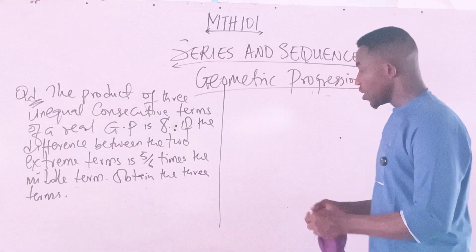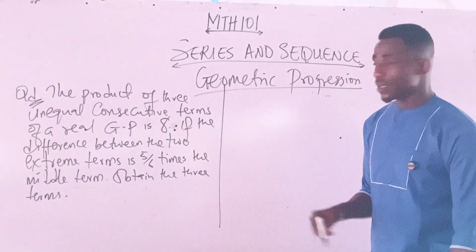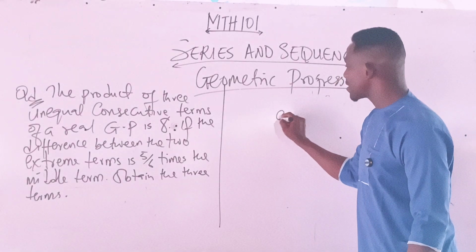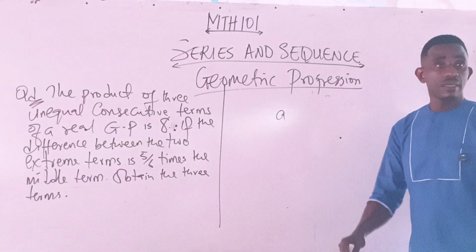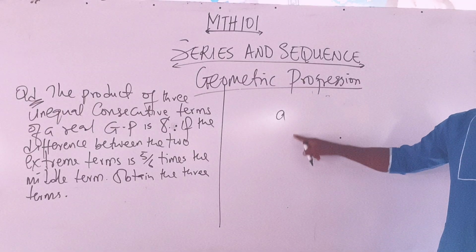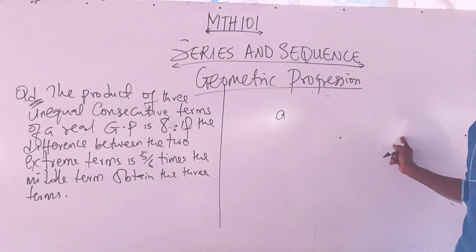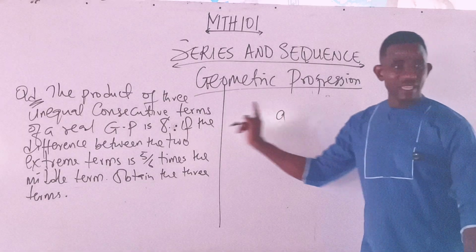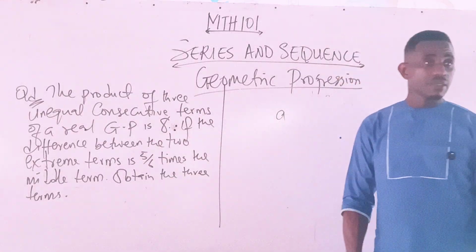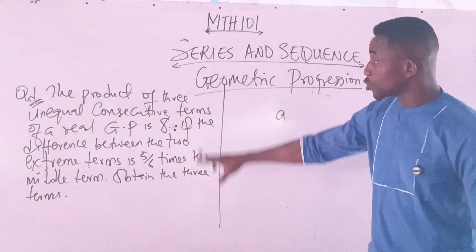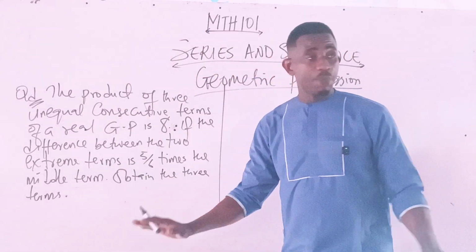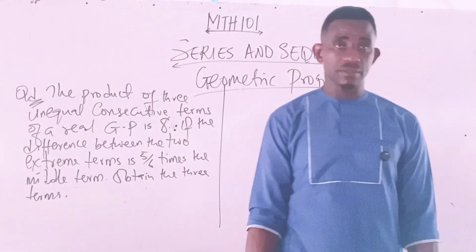Watch. It must be an odd number. Why? You must always have the first term here, right? Say this is the first term. First term to the right, first term to the left. This is a technique you can use to solve any question like this. If you pay attention, you get it easily.